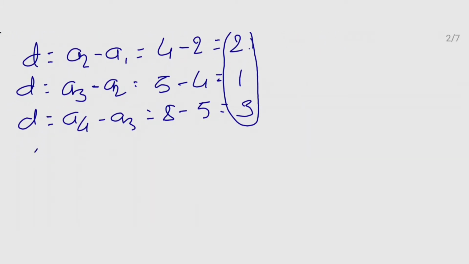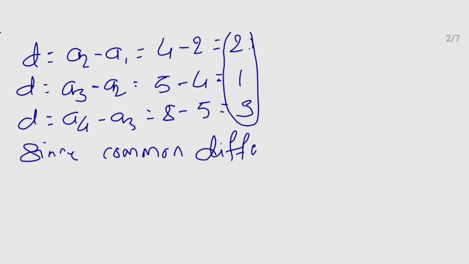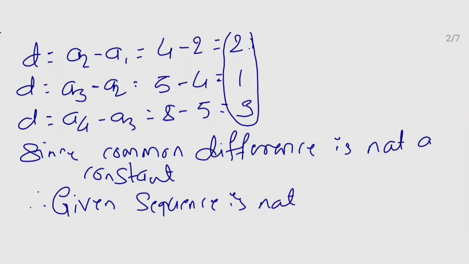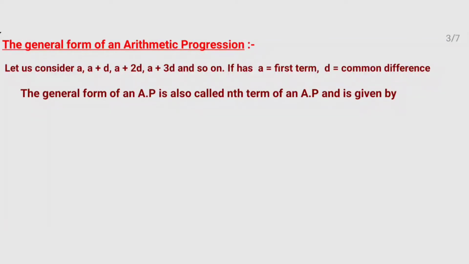So write down here: since the common difference is not a constant, therefore the given sequence is not an AP. Is it clear?